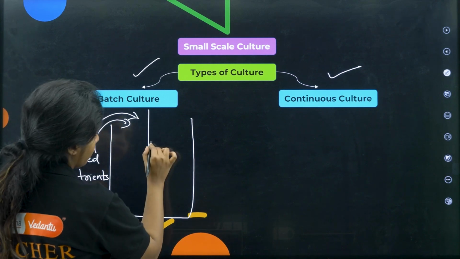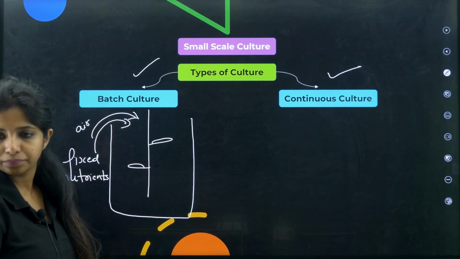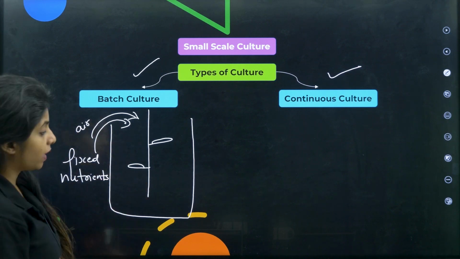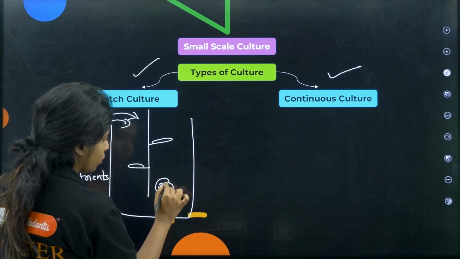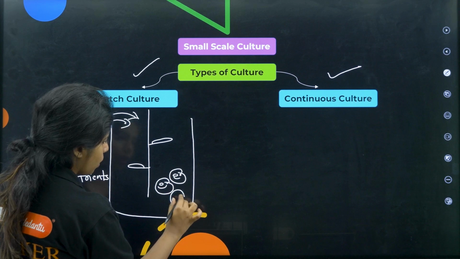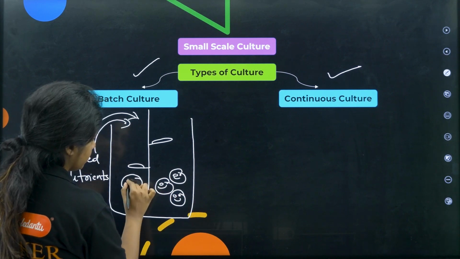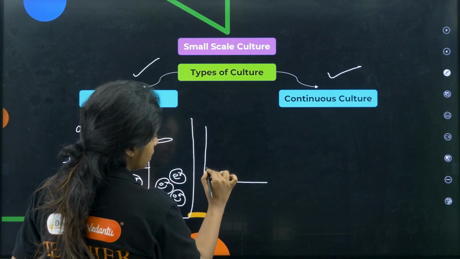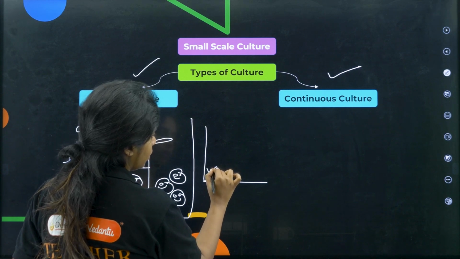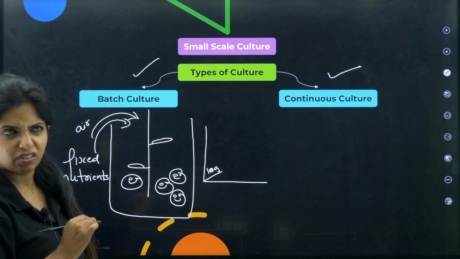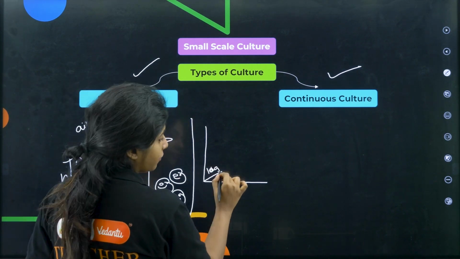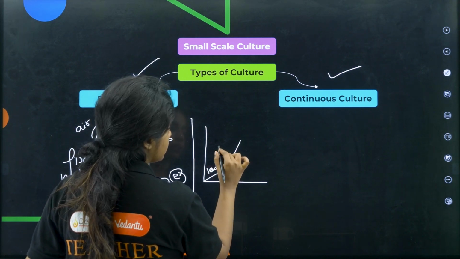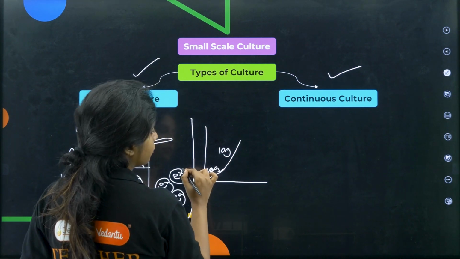And to mix I also have the whole setup there. So the air and the fixed nutrients, the bacteria will be so happy, they will all grow. Initially if the graph will be like this, there is a lag phase, and slowly it will increase. Now this is the lag phase or exponential phase.